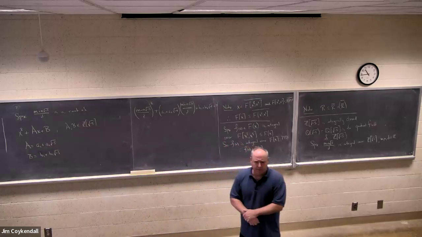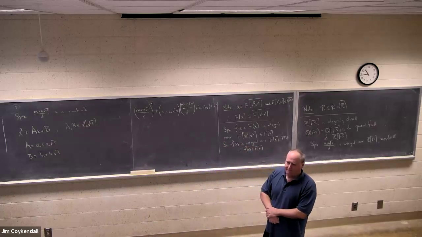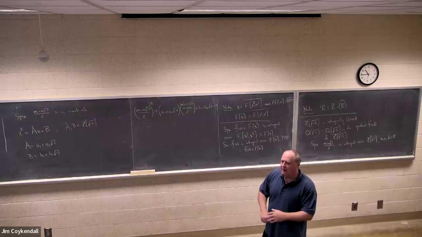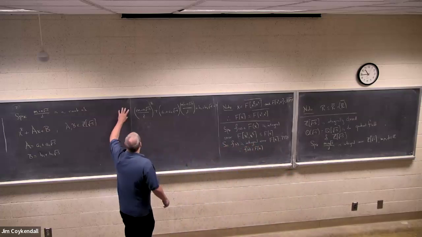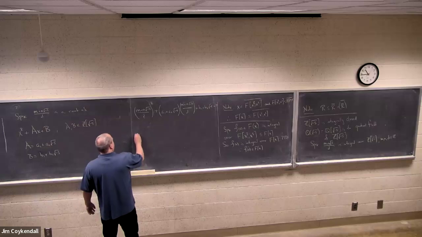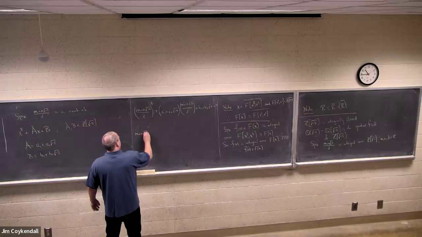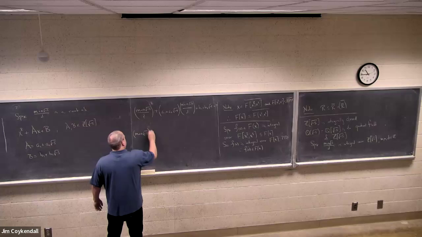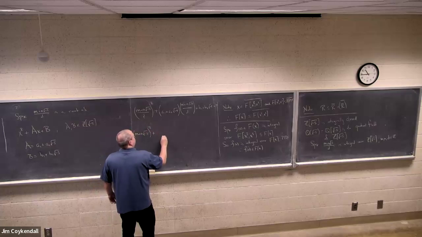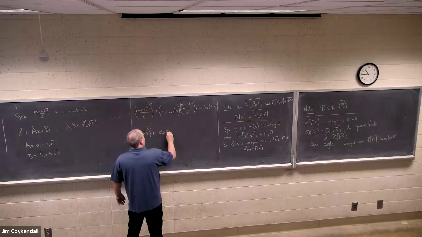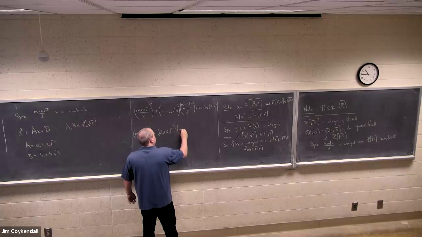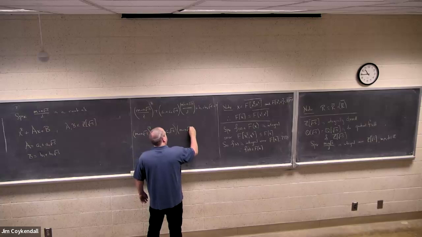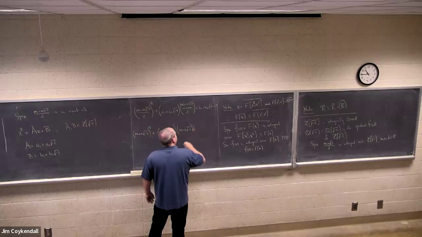Any ideas what we might do here? Yeah, it might make my life easier to get rid of that D in the denominator. So let me multiply both sides by D squared.